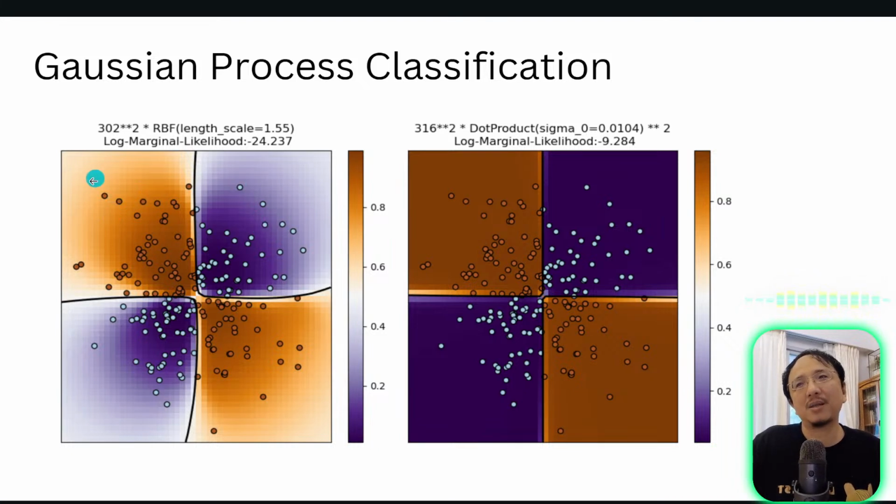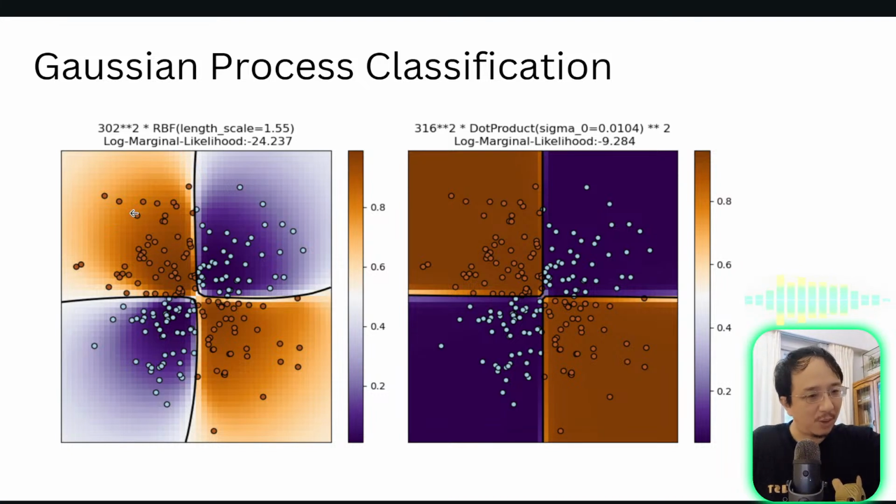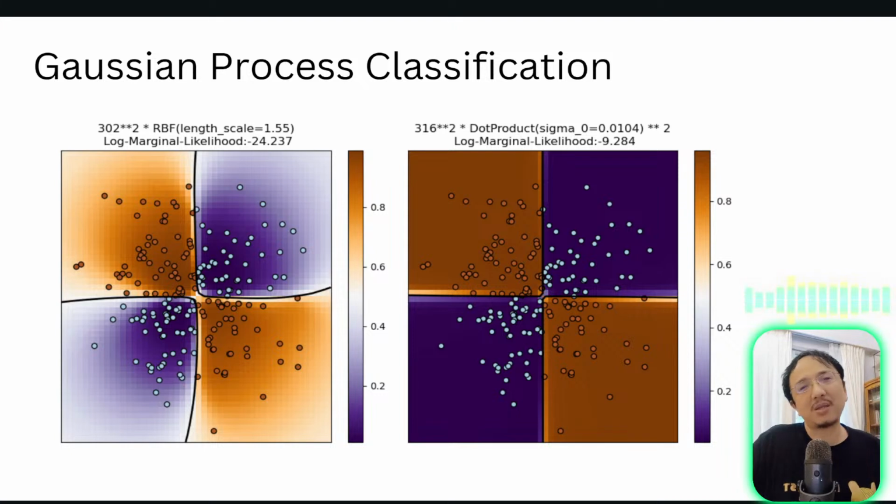For each orange one, we draw a negative Gaussian function around it, and for the purple one, we draw a positive one around it.